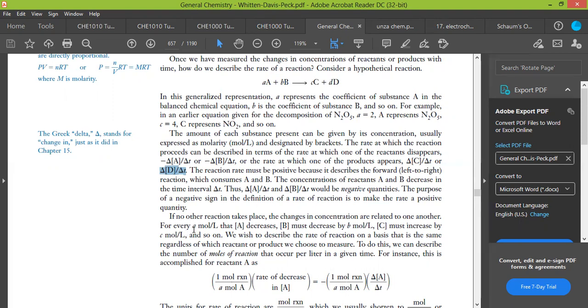So for every A moles, that is the moles of A, that decrease, B must decrease by B moles. Meaning these coefficients here, if say this was 2 and this was 3, it will simply mean that for every 2 moles of A that you consume, 3 moles of B are supposed to be consumed in the same reaction. So this is the relationship that is there.